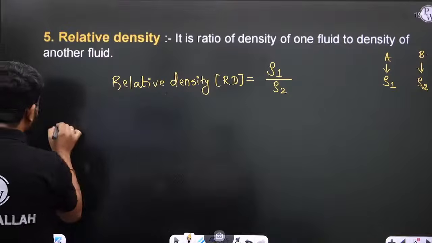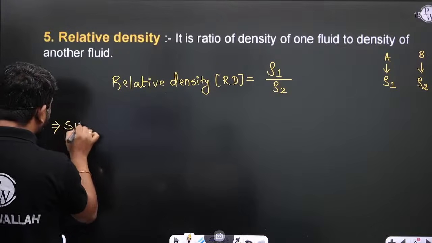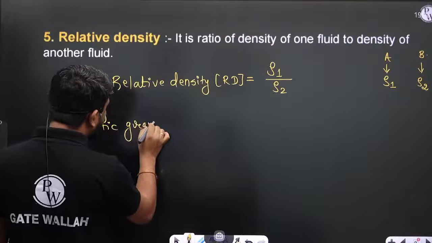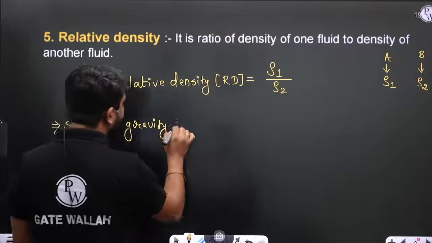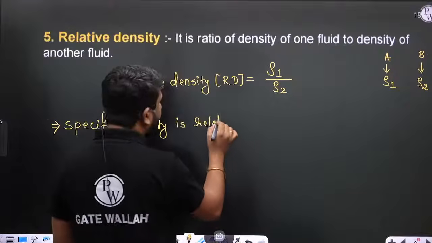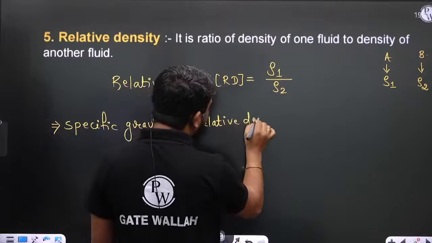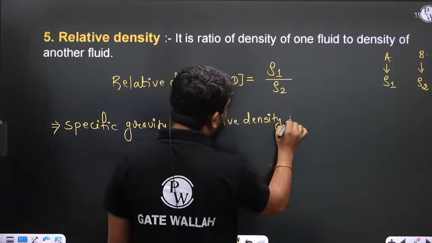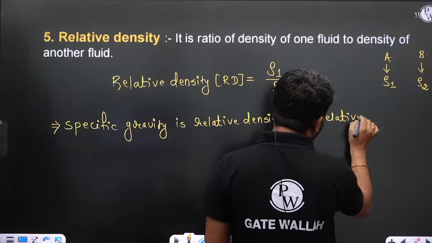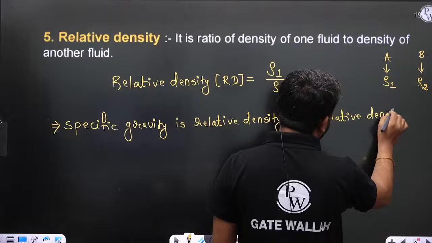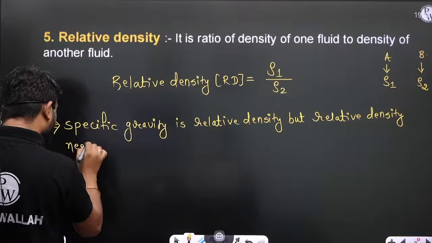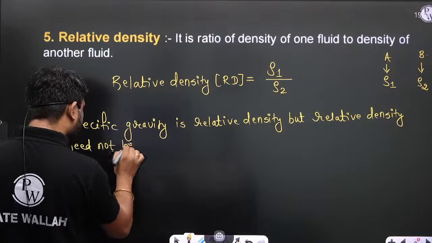Now see, can I write, a very, very important point: specific gravity is relative density, but relative density need not be specific gravity.